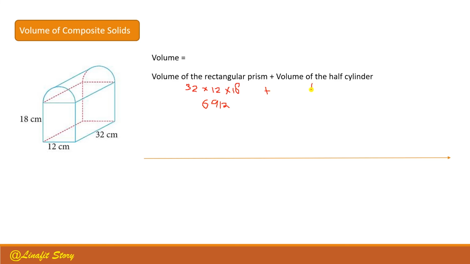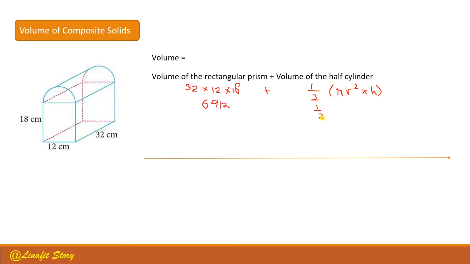So half cylinder is 1/2 times base area times height. So 1/2 times pi times radius squared times the height of the cylinder.